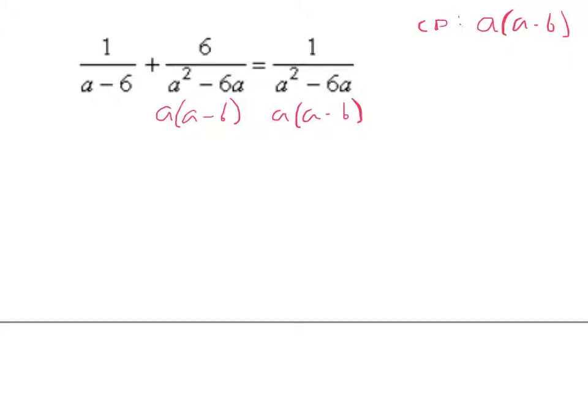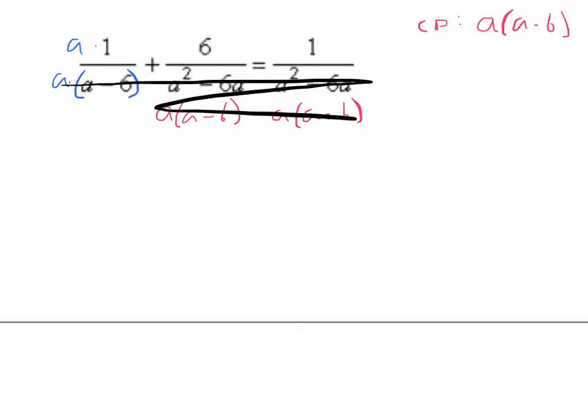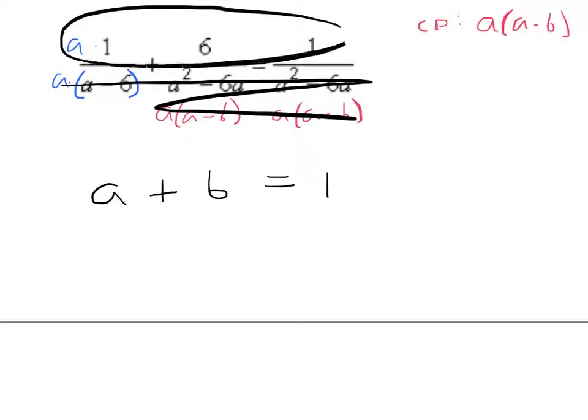The first one has the a minus 6, but it needs an a. The second one has everything, and the next one has everything. So since all of the terms have a common denominator now, we can ignore them and write a plus 6 equals 1 and just focus on this part. Again, merely an alternative.